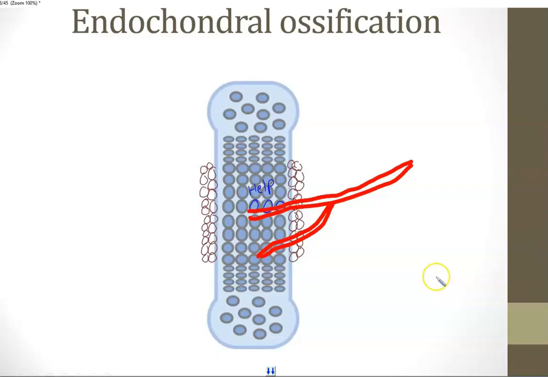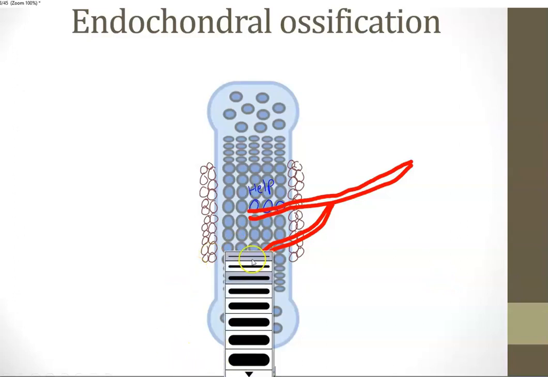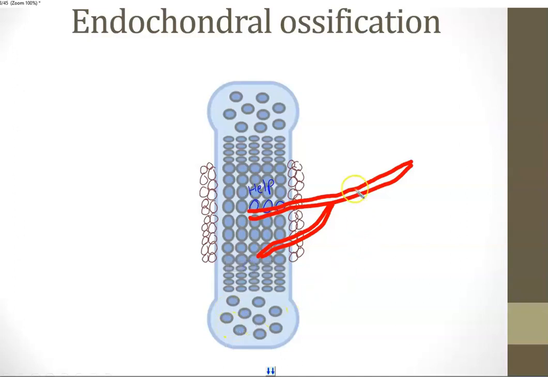The only problem with that is those guys are dying, and what's happening along the way is that in our blood is not only our nutrients, but we've got some osteoblasts that are coming in. We actually have some osteoclasts coming in with the blood supply.